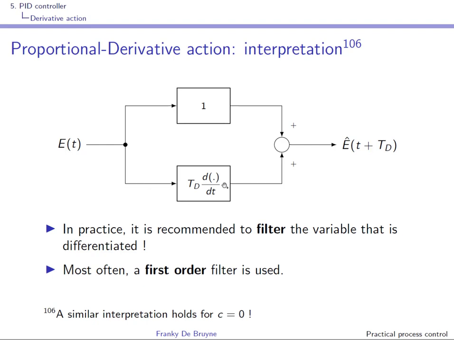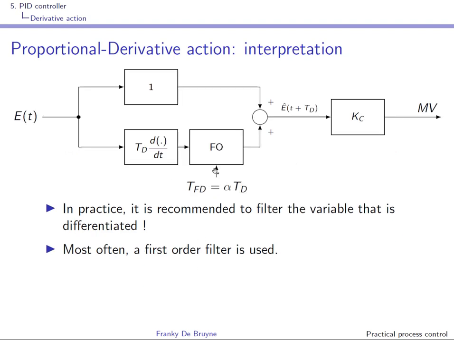And if you use a pure derivative action, you amplify this noise, so what you'll have to do is to filter the error, and a first order filter is used. And if you use a first order filter, of course, this is going to influence your estimates of the control error in the future.